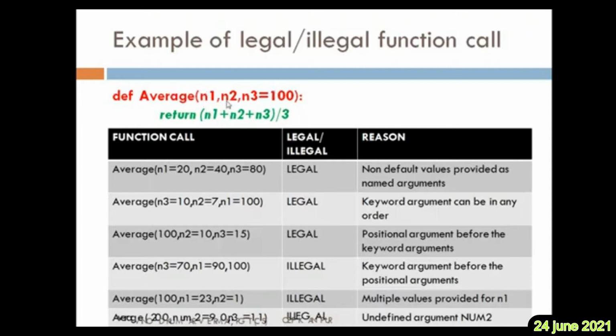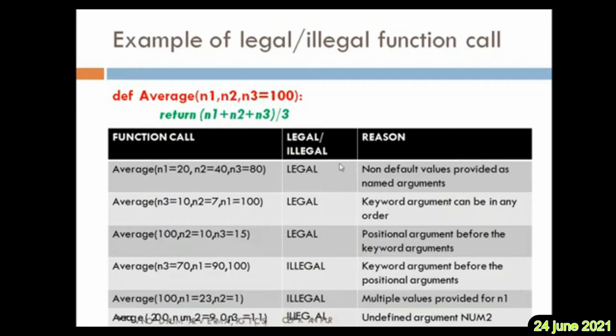Of course, n1 and n2 are not default, but n3 is. This is allowed. After that, if n4 is written, that is wrong, because after a default parameter there should not be a non-default parameter. This function is doing n1 plus n2 plus n3 divided by 3, that is, finding the average of these values.